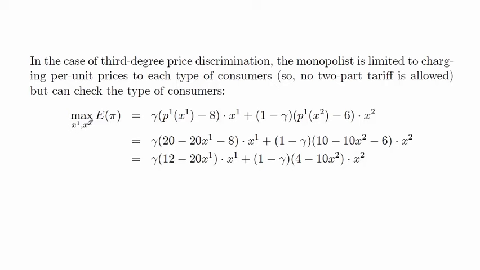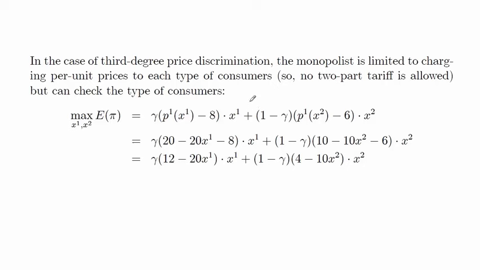Now to maximize the profit, since there are two types of consumers, healthy ones and unhealthy ones, the monopolist will maximize the expected profit. So we have a gamma share proportion of the type 1 consumers.